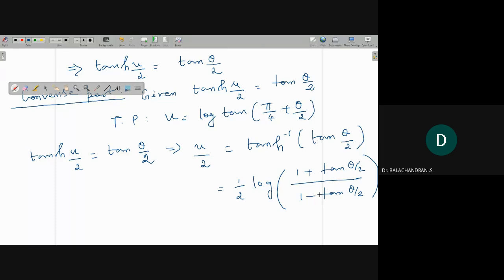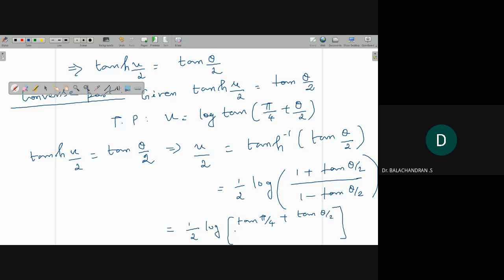So here actually you can write 1 into tan theta by 2. Instead of that 1 you can write tan pi by 4. So I will write here, this is equal to 1 by 2 log, the numerator, instead of 1 I will write tan pi by 4 plus tan theta by 2.